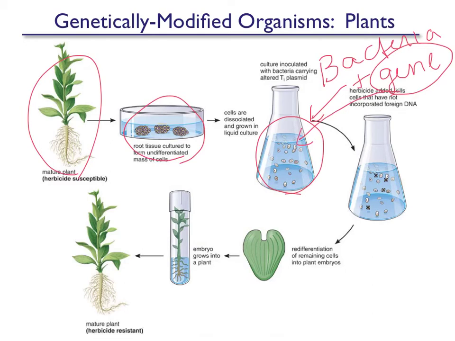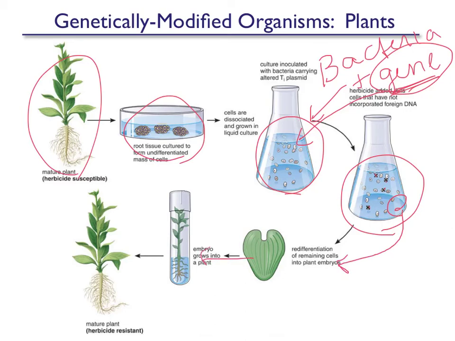Then you can treat these cells with that herbicide, and anything that has incorporated this gene would be resistant. And so you kill some of the cells that aren't resistant, that didn't incorporate the gene, and you'd be left with the cells that have incorporated the gene. You can take these cells and culture them into plant embryos.